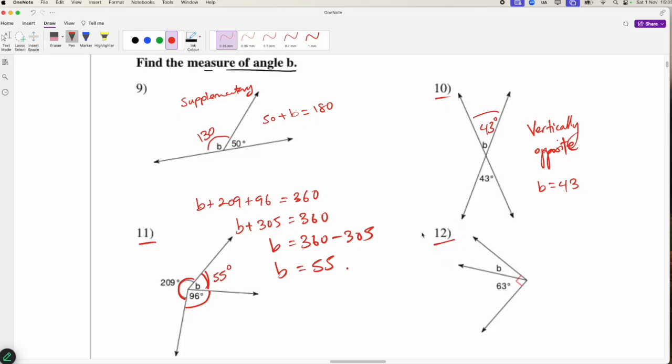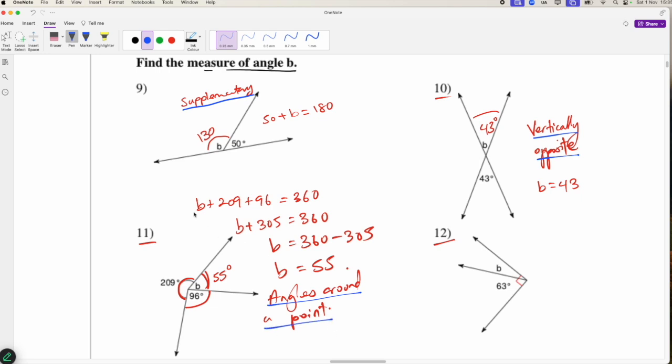Part 12. Oh, by the way, these are angles around a point. Now, you see how I am always writing what the angle is? I'm not just working it out and giving you the answer. I am always writing the reason why.